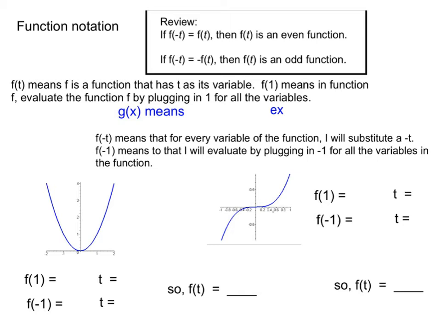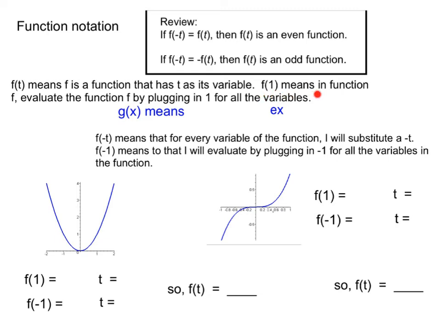If this is something you still struggle with, and a lot of students do, believe it or not, even in calculus I see that, then take the time now to begin to unpack this notation so that it makes more sense to you. Okay, so like this, f of t means f is a function that has t as a variable.